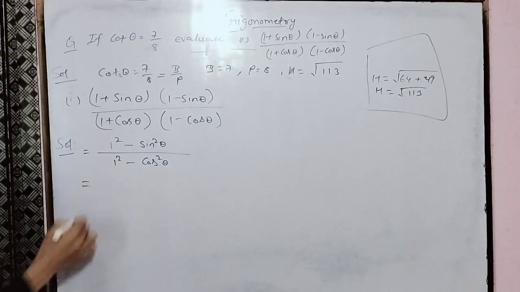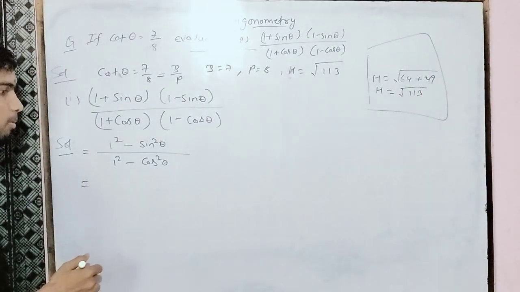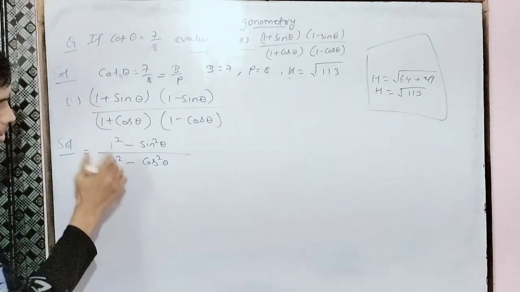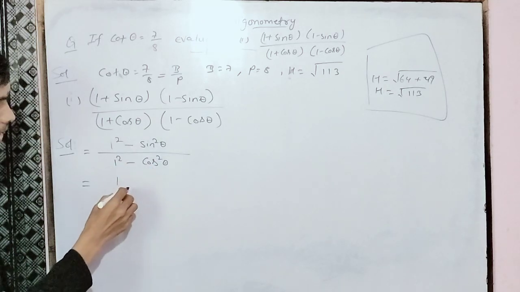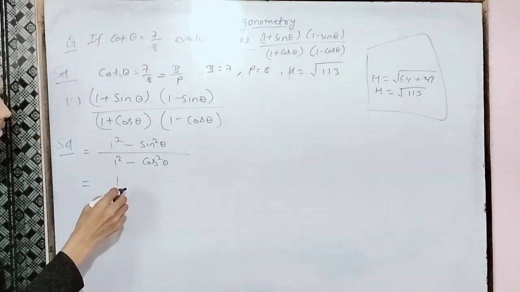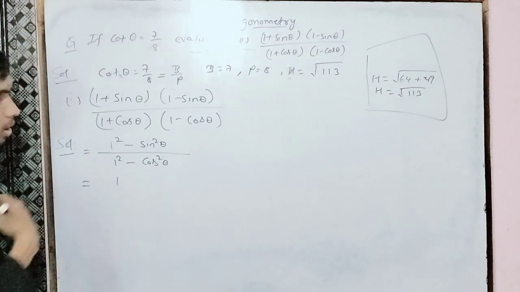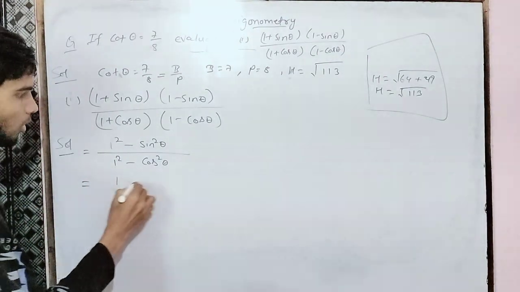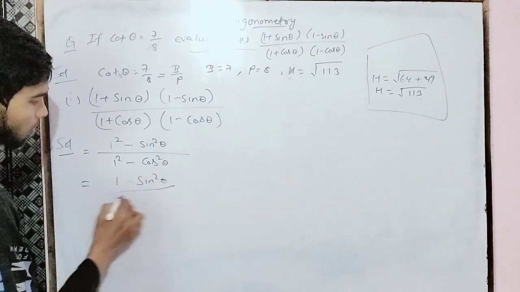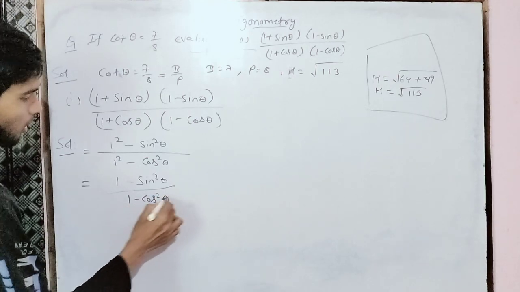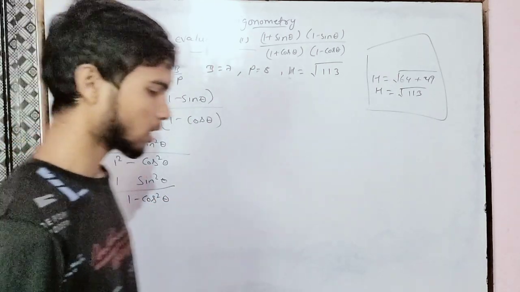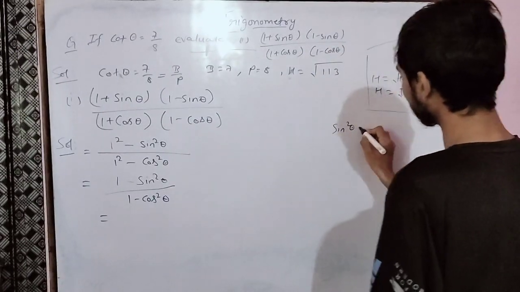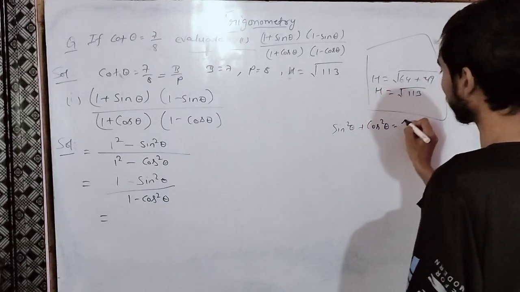Now what else? So here you can see what is happening. One as it is, and here it is sin square theta. Can you say sin square theta plus cos square theta is equal to 1?